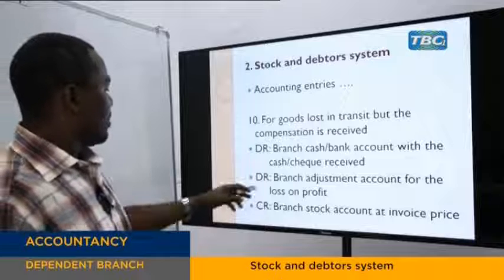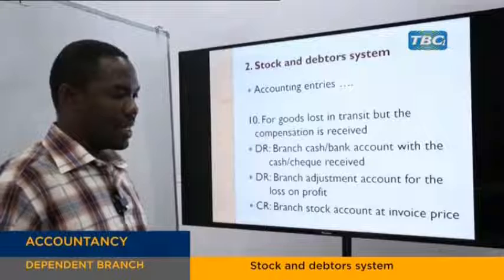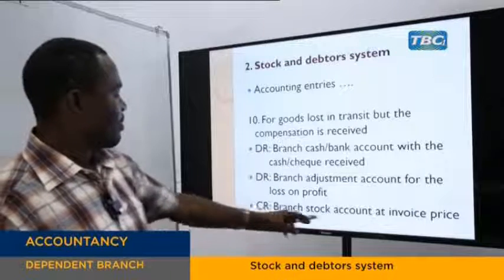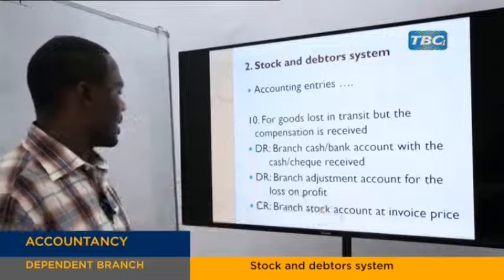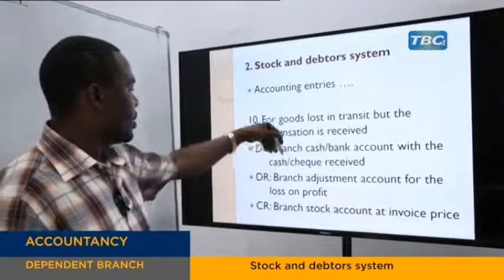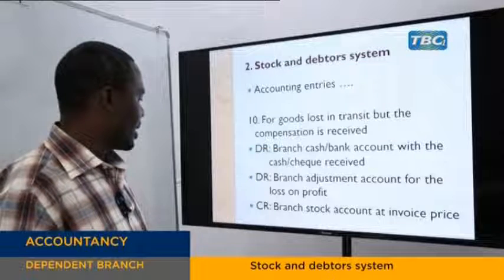Then we debit branch adjustment account for the loss, that is the difference between the amount of loss as compared to the receipt from insurance.